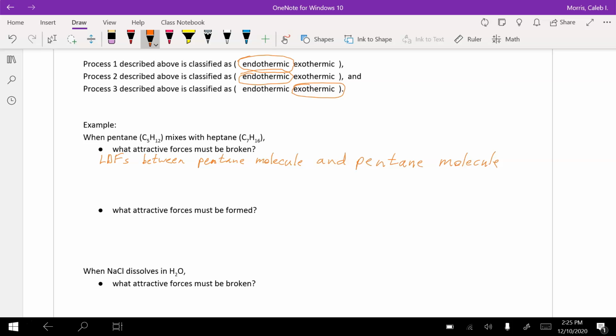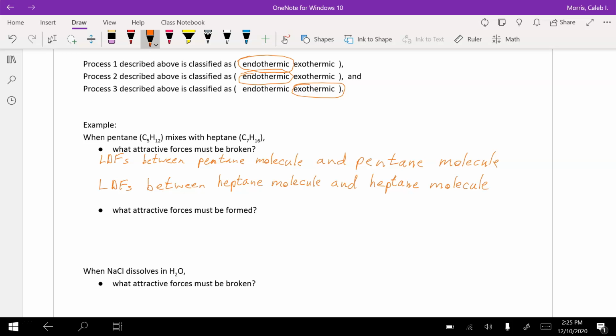We also have to break LDFs, which are intermolecular forces here, between heptane molecules and other heptane molecules.